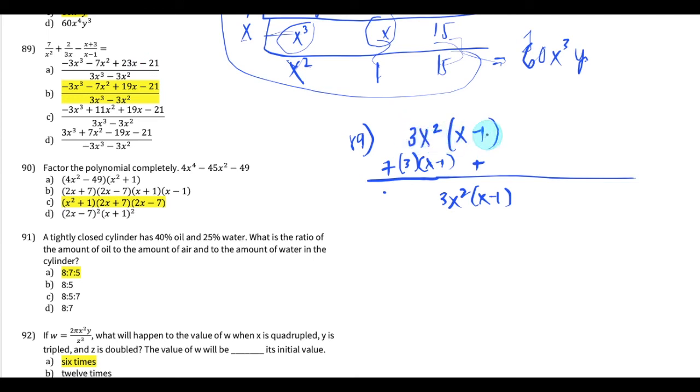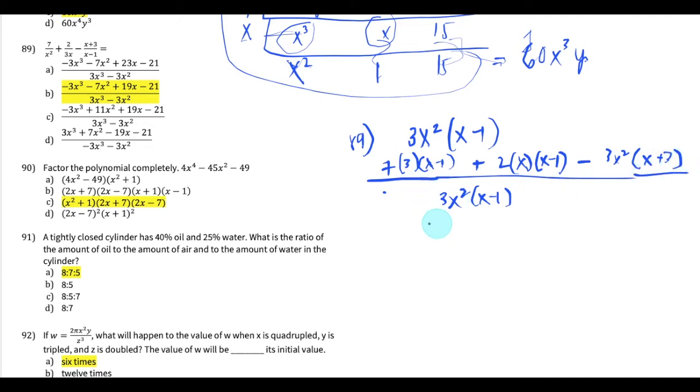So, 3x squared times x minus 1 divided by 3x is equal to x times x minus 1. So, here we have 2 times x minus 1. Minus, okay, anong kulang dito? 3x squared. So, 3x squared times yung x plus 3.